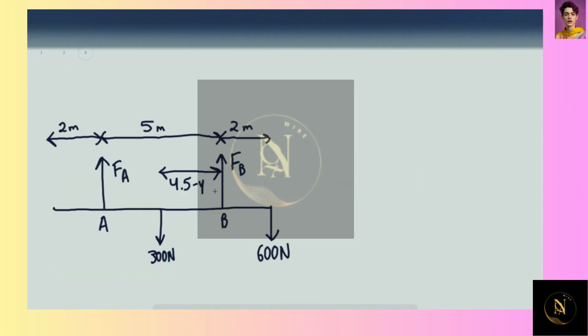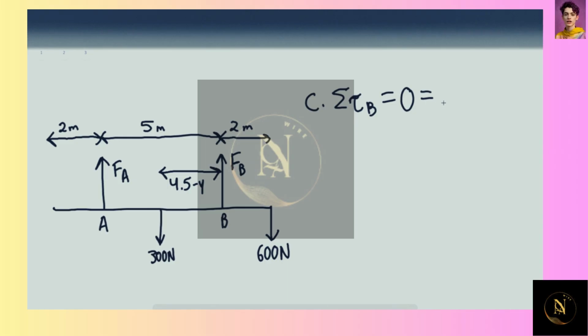Now, for part C, this would be your free body diagram, and let's just say that the force of A equals 0 newtons. So the sum of torques evaluated at point B will be equal to 0. So again, this is in rotational equilibrium.